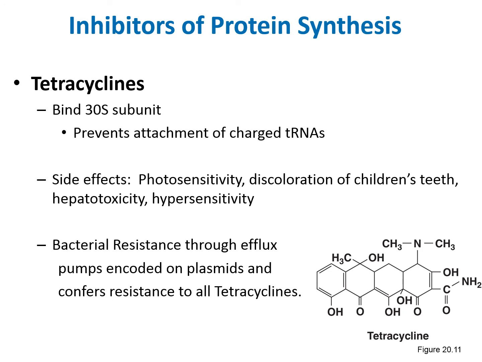So during protein synthesis, these charged tRNAs diffuse into the A site of the ribosome, and then if the anticodon on the tRNA matches or is complementary to the codon on the messenger RNA, you'll get a chemical reaction that results in the synthesis of a peptide bond between the amino acid on the tRNA in the A site and the growing polypeptide chain in the P site. So tetracyclines keep that from happening.